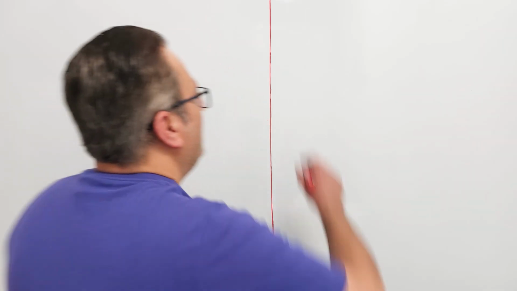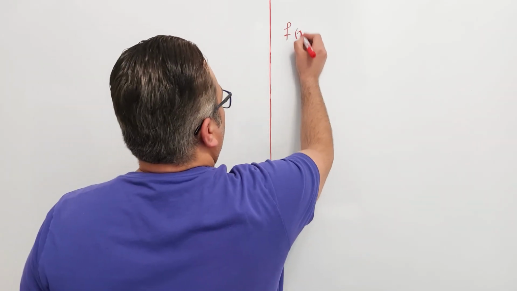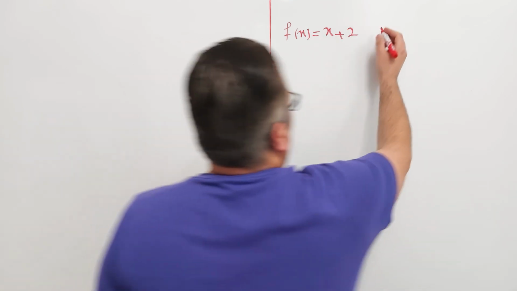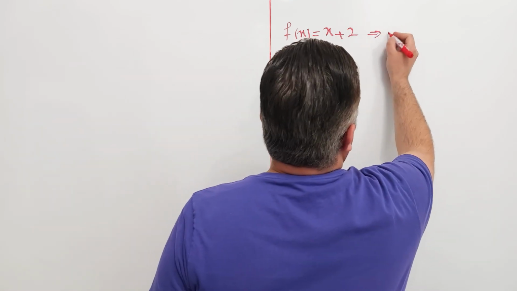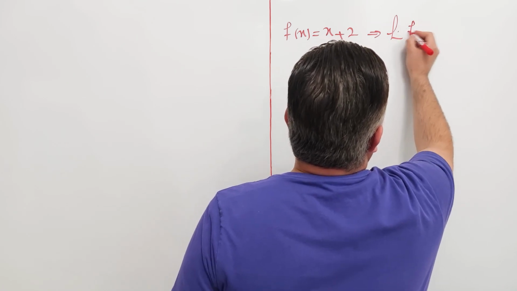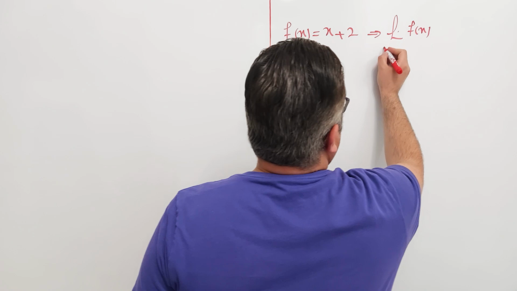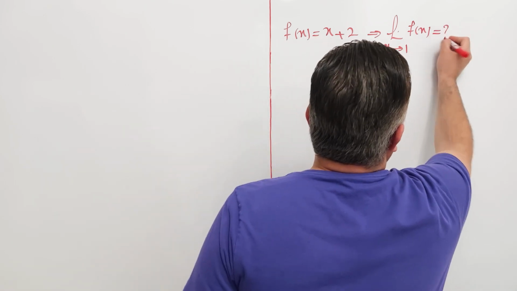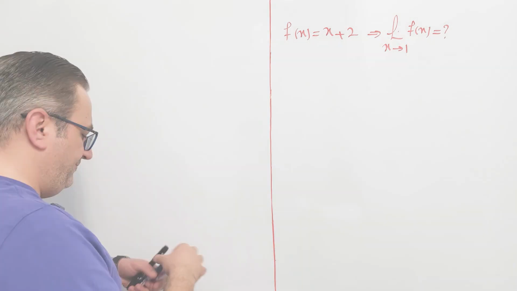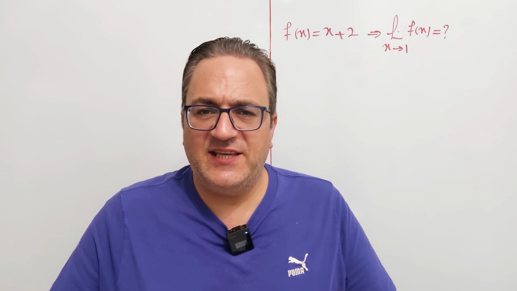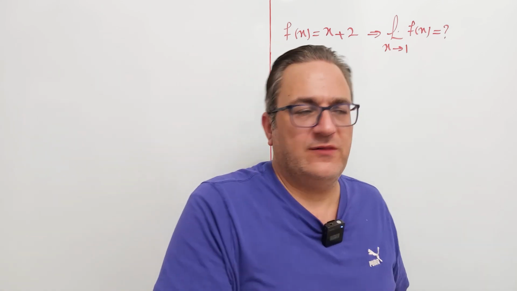For example, if f(x) = x + 2, we want to find the limit of f(x) as x approaches 1. Okay, so let's see what happens when x gets close to 1.